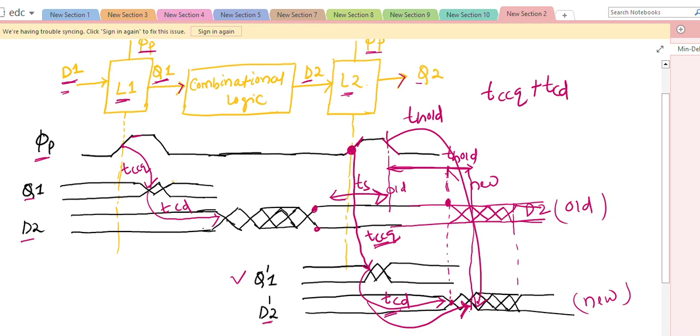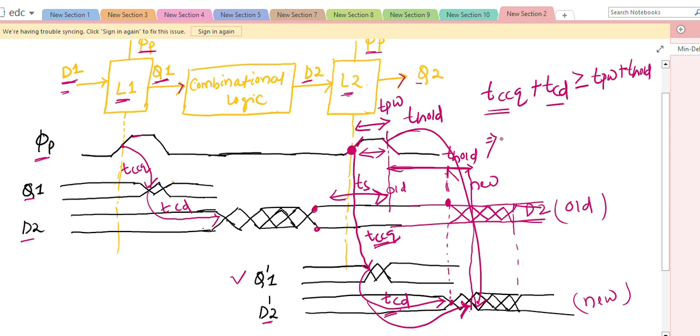If you take these cycles from this point, TCCQ plus TCD is the total delay, and in this way, this is T pulse width plus hold time. This pulse width plus hold time should be less than this value, or TCCQ plus TCD should be greater than or equal to T pulse width plus T hold.